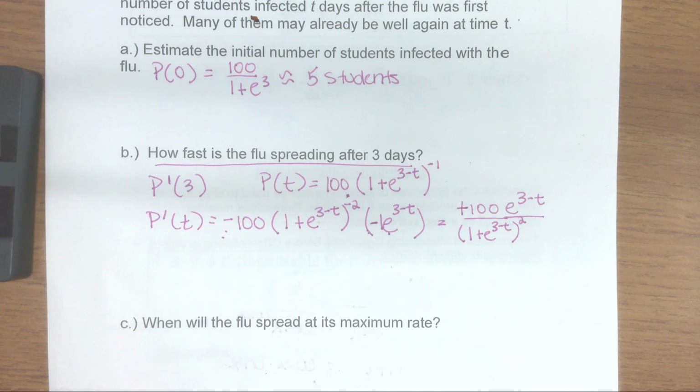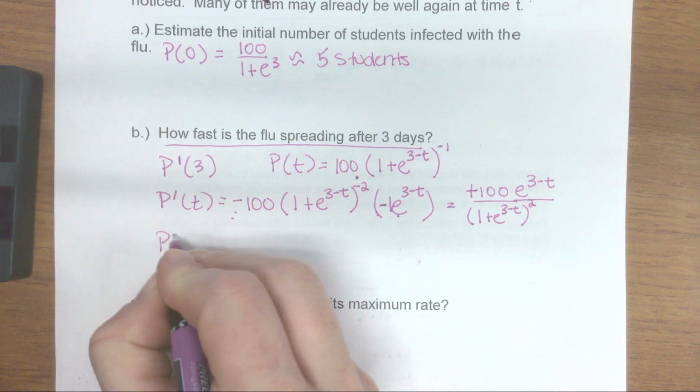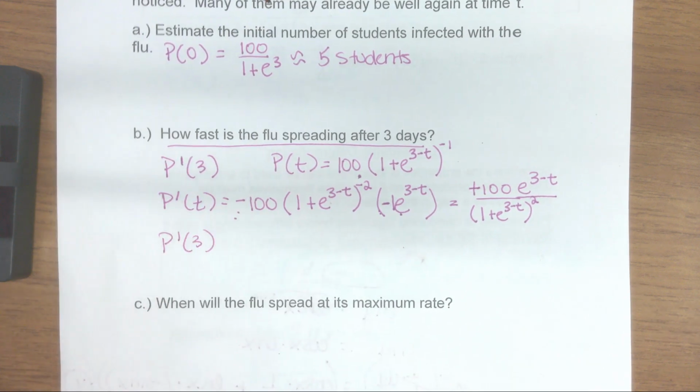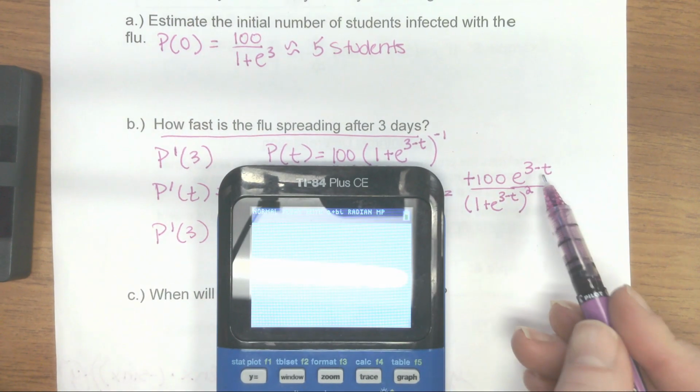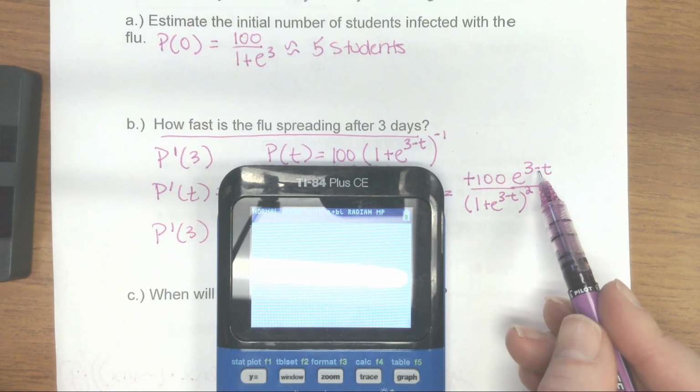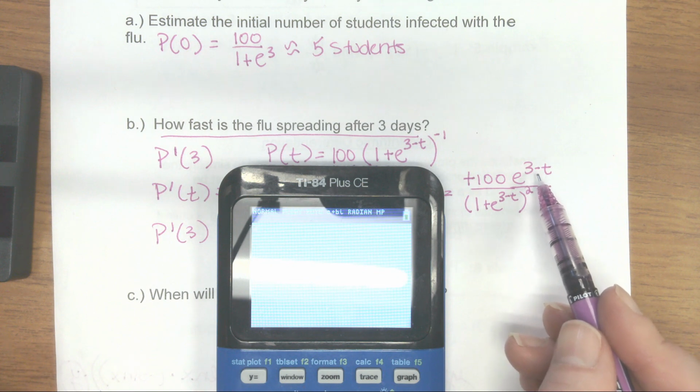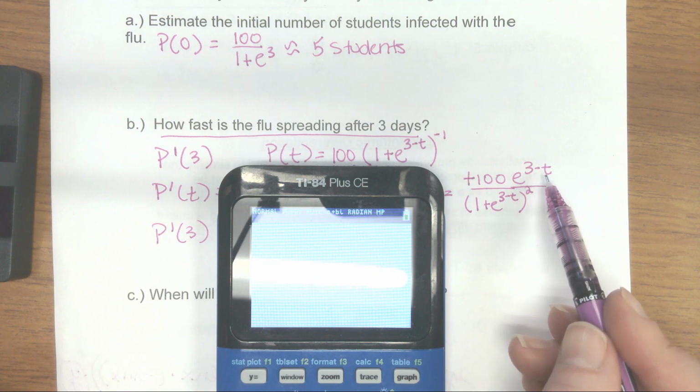Okay, so let's plug in 3. Let's get our calcs out, guys. Now, I hope you're noticing when you plug in 3 here, it's just 3 minus 3, that's e to the 0, and e to the 0 is 1, so I think the top is going to be 100, right?